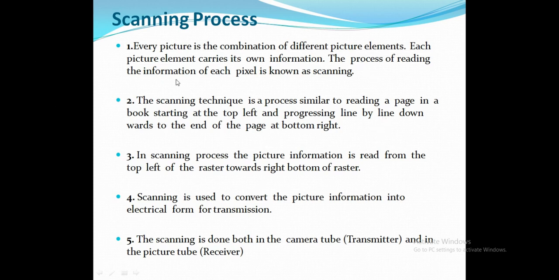This scanning process is similar to reading a textbook from top to bottom, or from top left to down right. The scanning process is used to convert the picture information into electrical information.